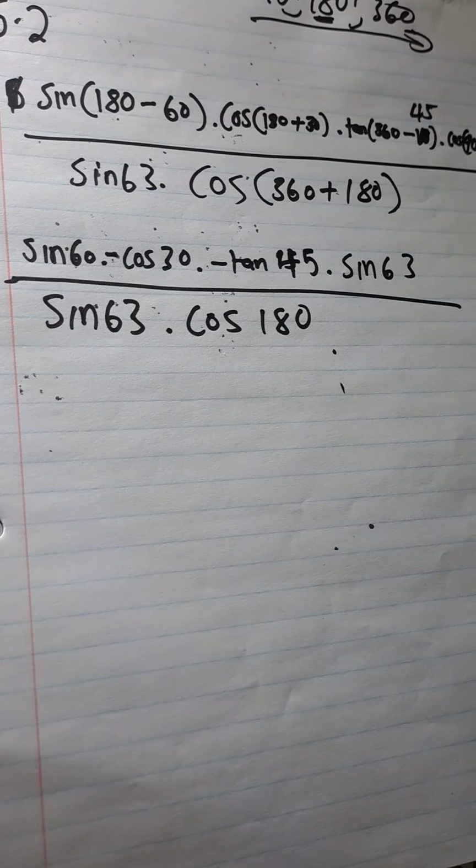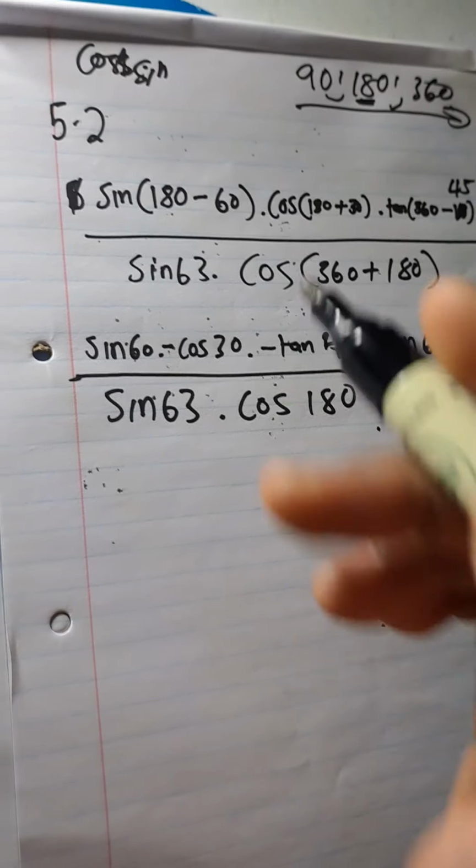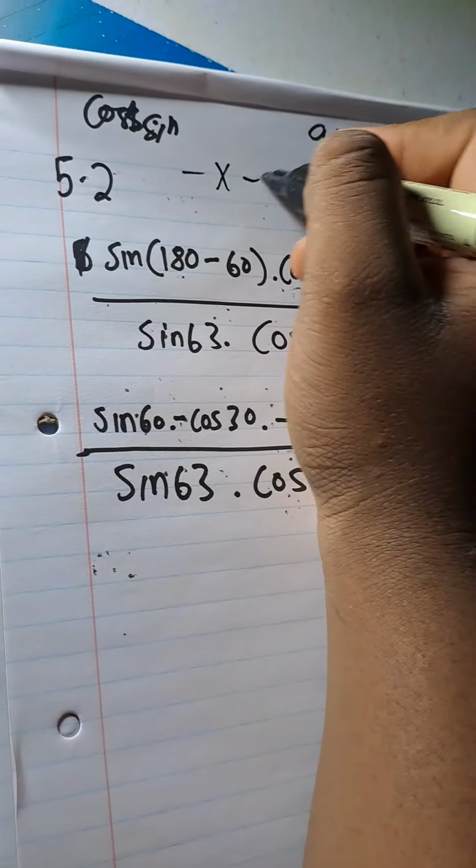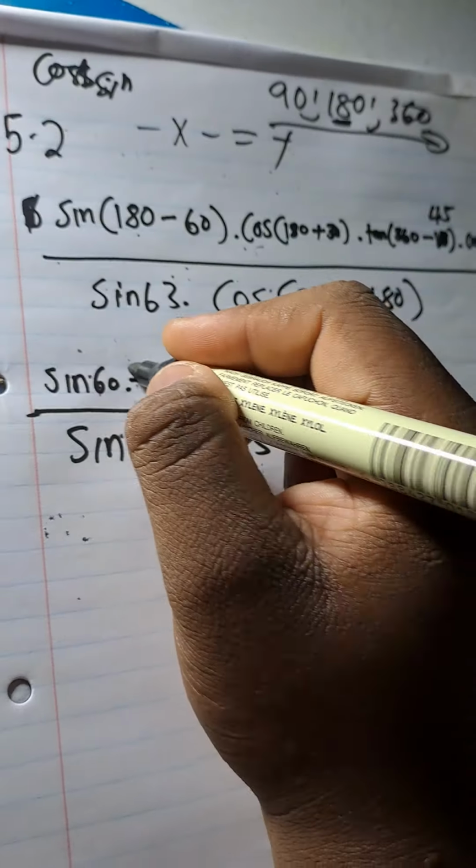So what I know, I know what sine 60 is equal to. Before I continue, I can just cancel this. I need to know that a negative times a negative value is equal to a positive value. So I'm just gonna cancel them so that everything can be positive, you see, so that they can't confuse you all.